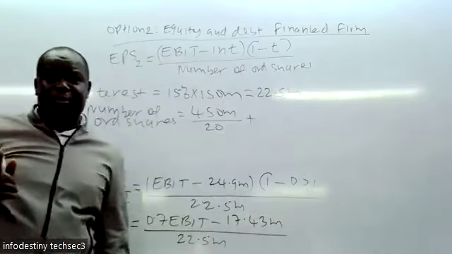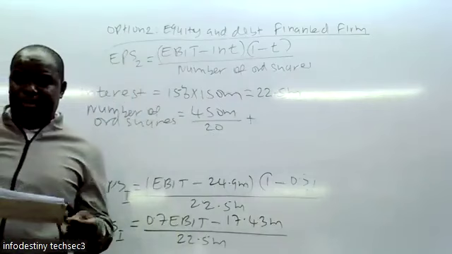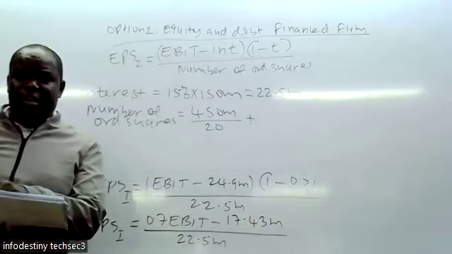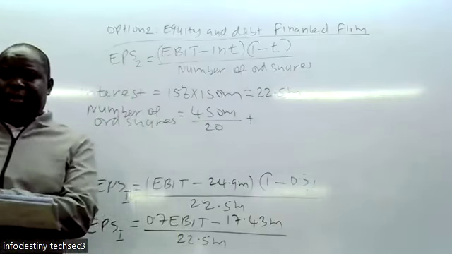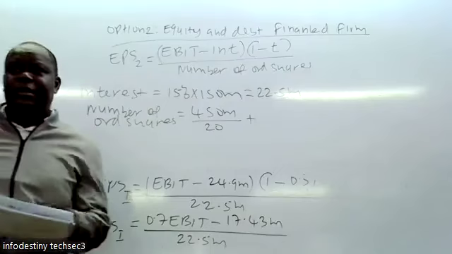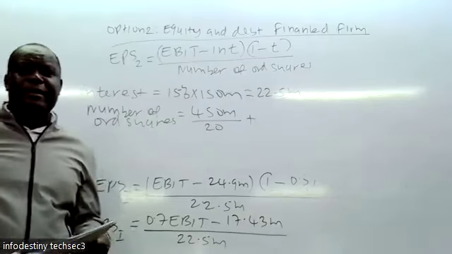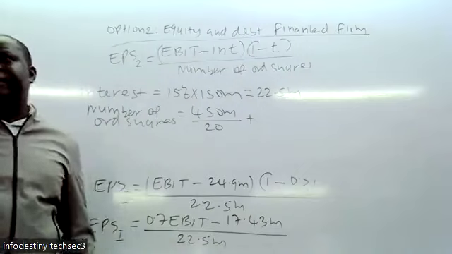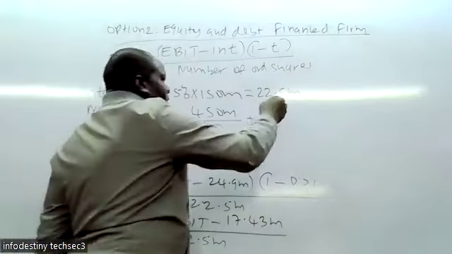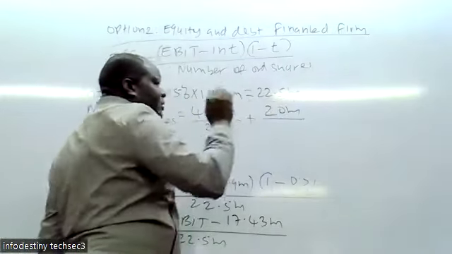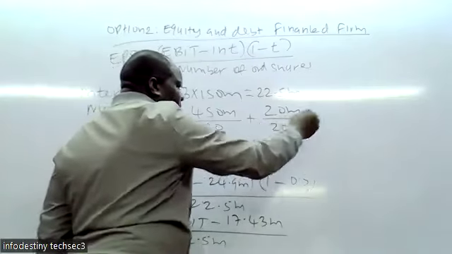But you can see under option 2, to raise the new capital, they issue additional ordinary shares at how much of the par value? 20. And remember how much are they raising? 20 million. So to raise the 20 million under this option, they also issue shares at 20 shillings per share.